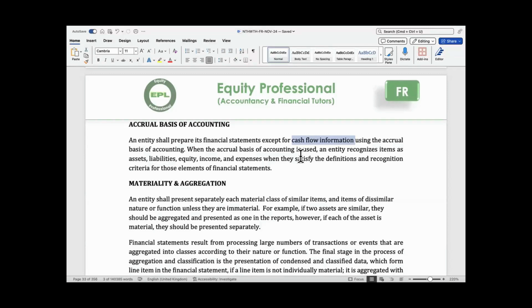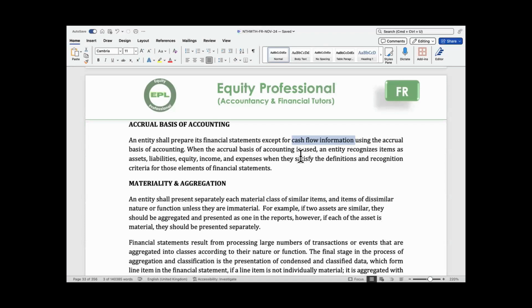Another way of looking at accrual basis for foundation level is that you recognize income when you earn it and not when you receive cash. You recognize expense when you incur it and not when you pay cash. So when do you recognize an asset? When do you recognize a liability? When do you recognize equity?